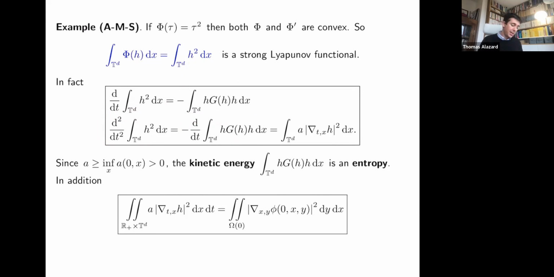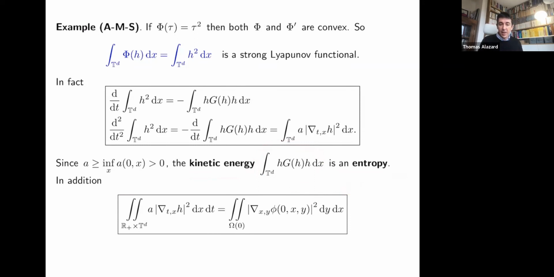Now, using the previous maximum principle for A, we know that A is always bounded below by the infimum of A at time 0, which is positive. So we get that the kinetic energy, which is this term, equal to the integral of the square of the gradient of phi, is also an entropy for the elliptic equation.